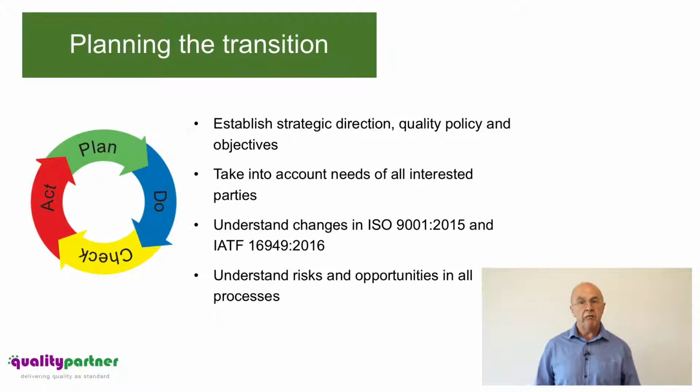So that could be regulators involved within the automotive industry, it could be the local community, it could be employees within the organisation, or it could be suppliers. But it's important that the quality management system takes into account the needs of all those relevant interested parties.